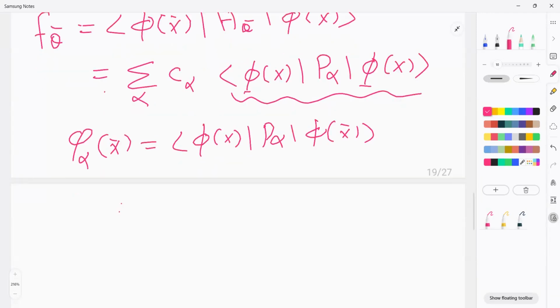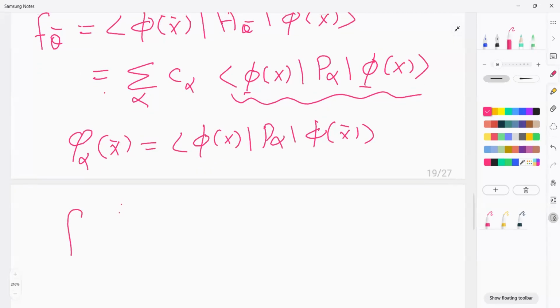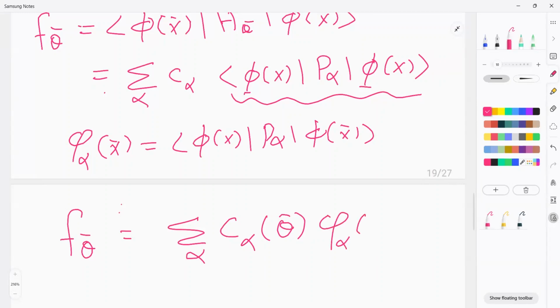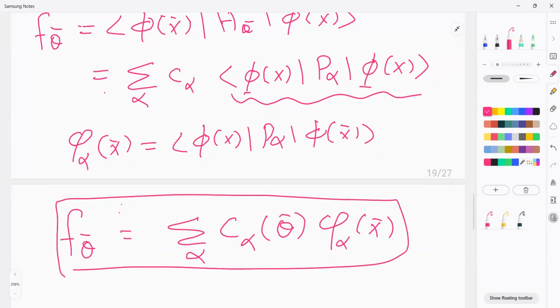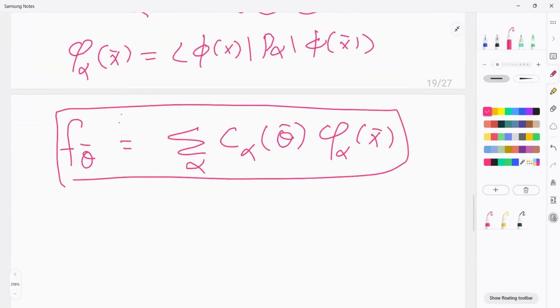this. So our model becomes C alpha dependent on theta, and then phi alpha dependent on x. And if you look closely, this is nothing but a linear transformation in the transformed feature space.